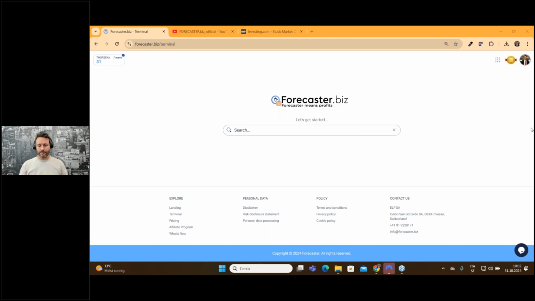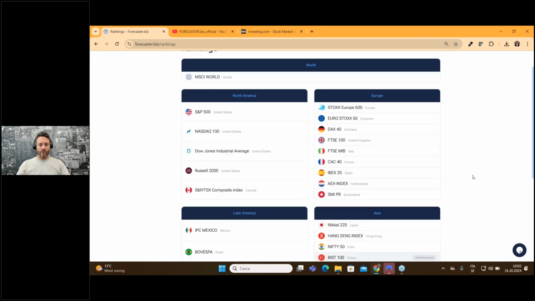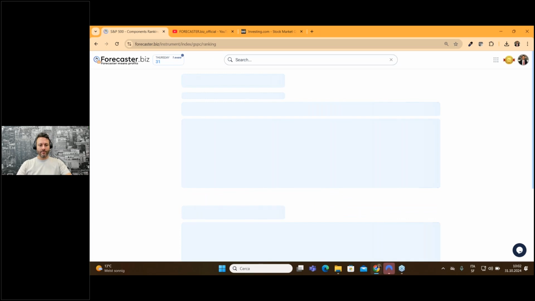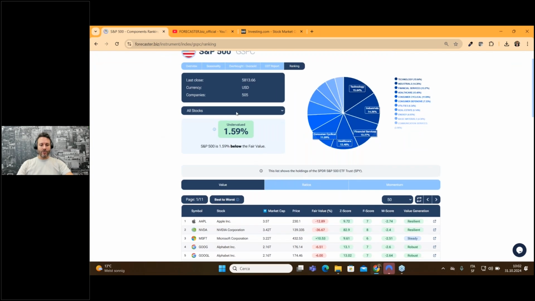First of all, we have to search for this kind of opportunity, and the best way to do it is using the Forecaster terminal, going to the ranking page where we can find all the indexes across the globe. For example, if we go to the S&P 500, which is the most important index around the globe, we can see something really interesting.